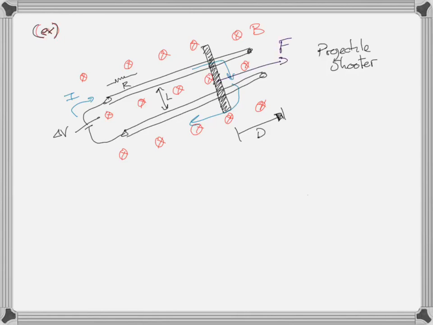We want the magnetic force on the bar to be in that direction. So the first question is, be in or out to make the force in the direction shown. So that's the first question.